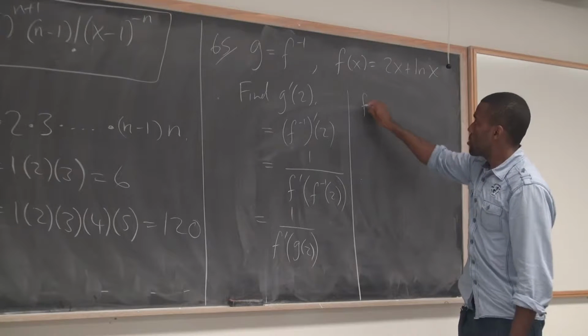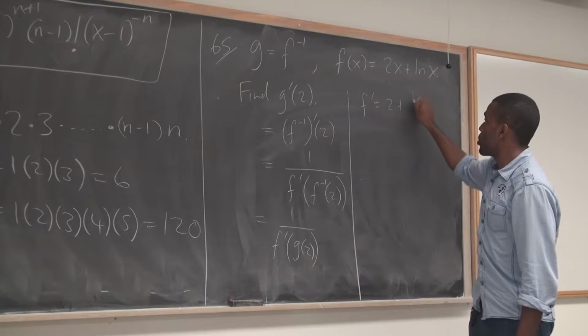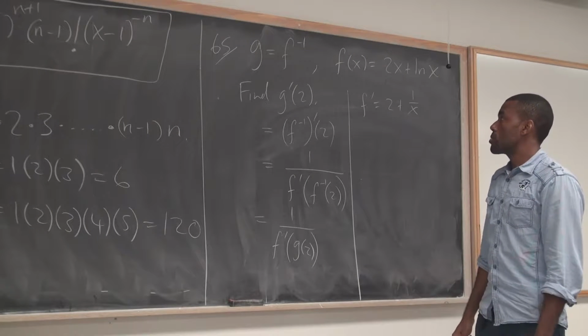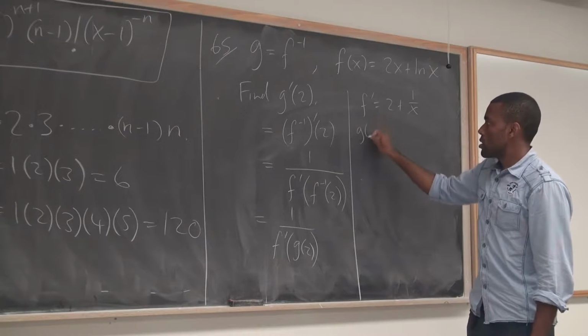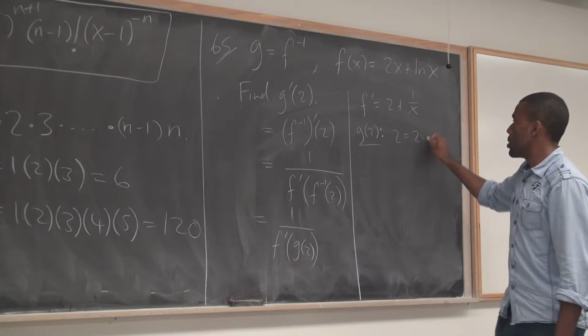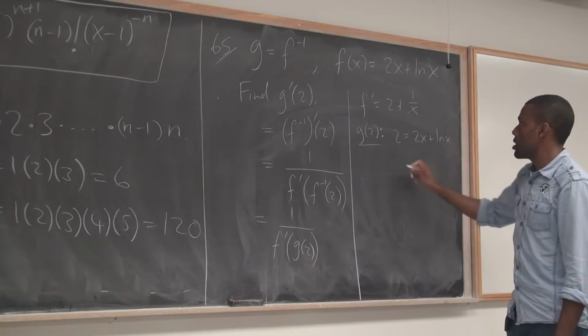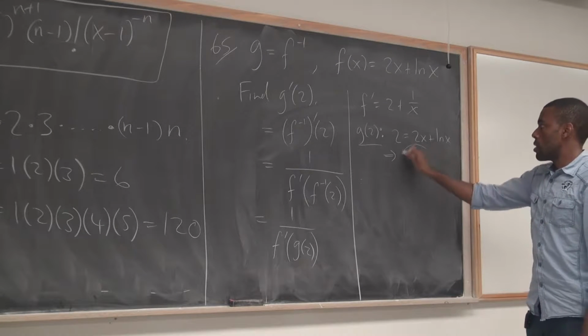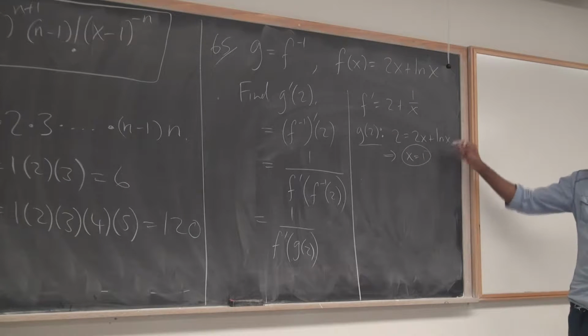So f prime we know. It's just 2 plus 1 over x. How do I figure out g of 2? Set up 2 equals 2x plus ln x, since g is the inverse. Which means my x is equal to 1. Plug in 1 into ln, that goes to 0.